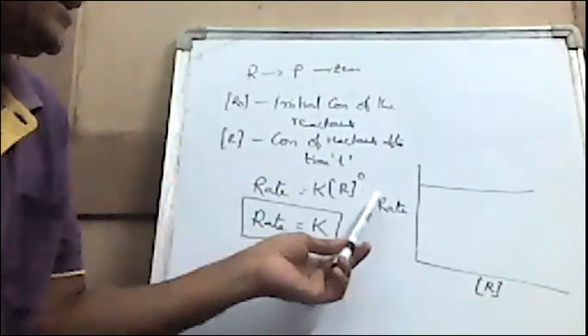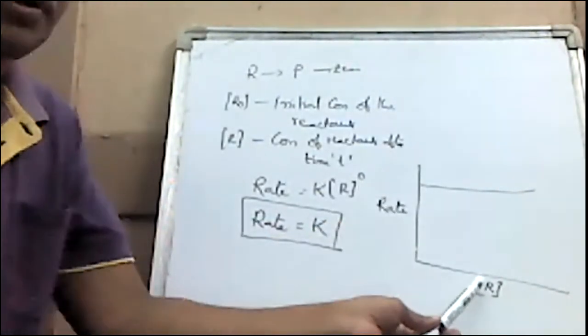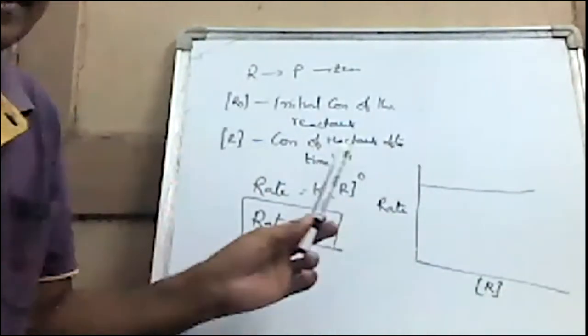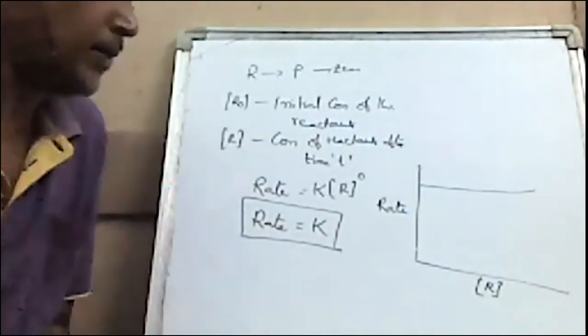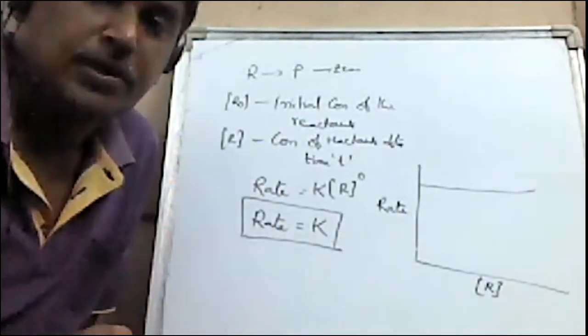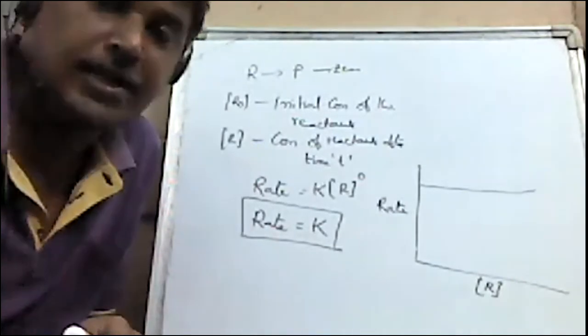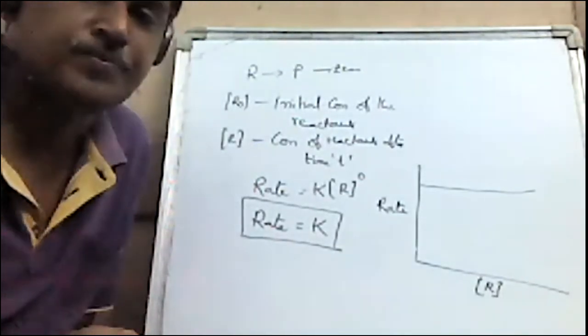That's why the plot will be like this, parallel to the x-axis. Suppose the plot of rate versus concentration of reactants is parallel to the x-axis, then what is the order of the reaction? The order of the reaction is 0.